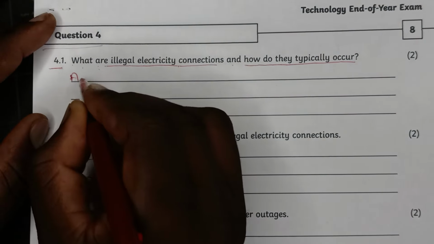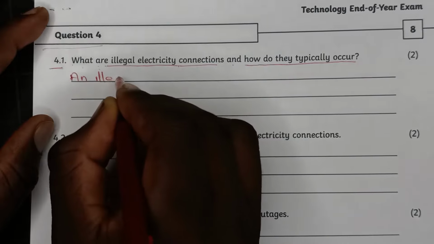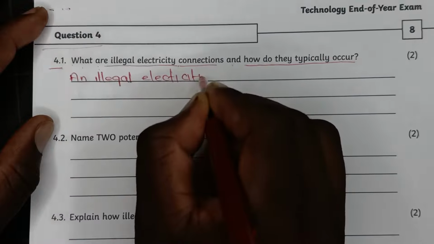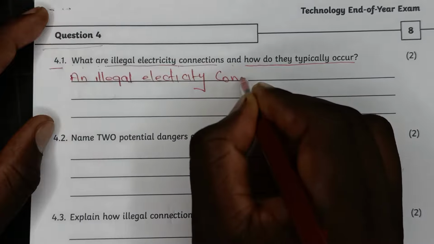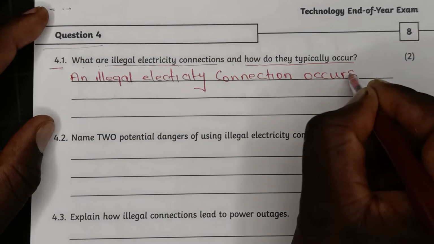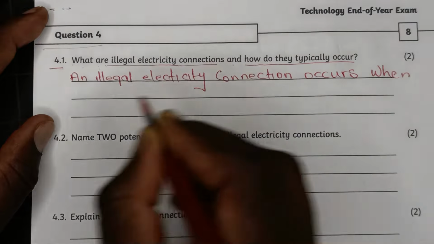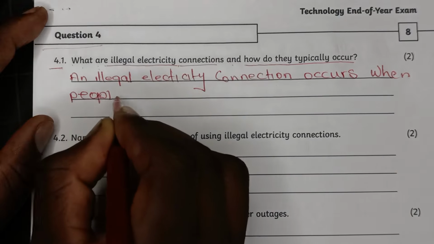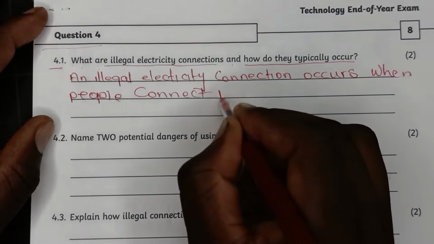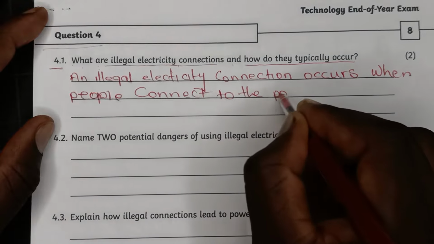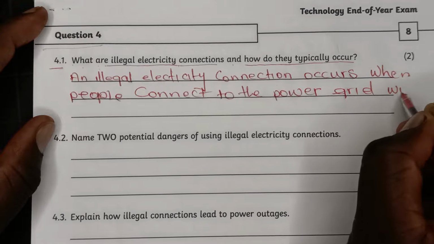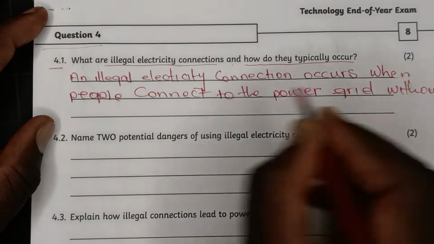Illegal electricity connection occurs when people connect to the power grid without permission.